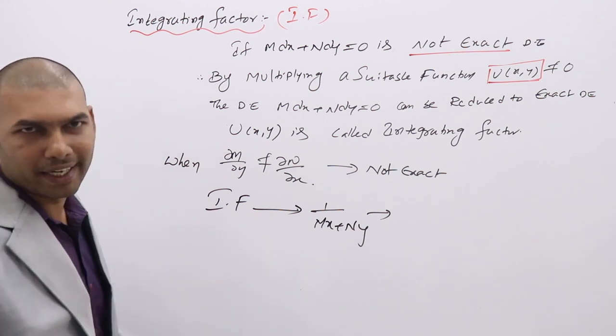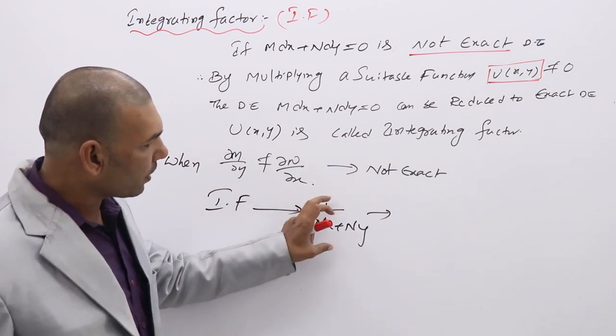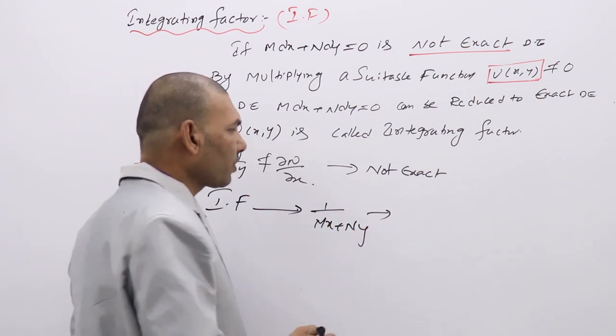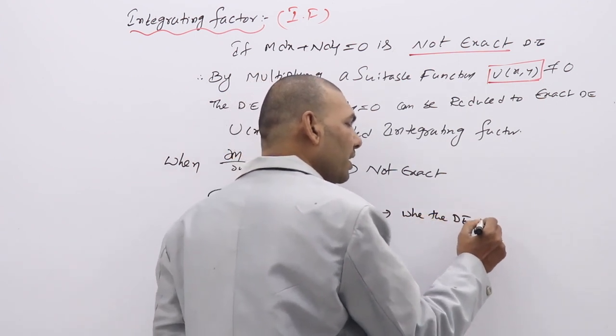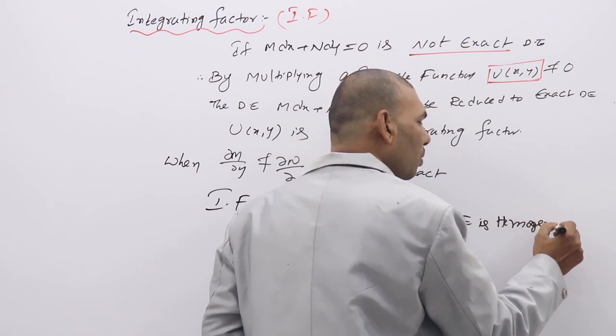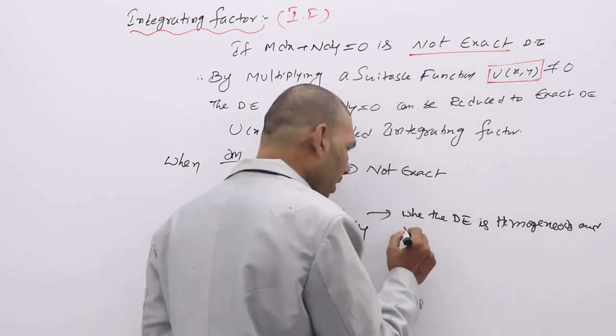This one is one integrating factor. So you know what is integrating factor. If you multiply the given DE with this, that becomes exact. This we use when the DE is homogeneous and non-exact.